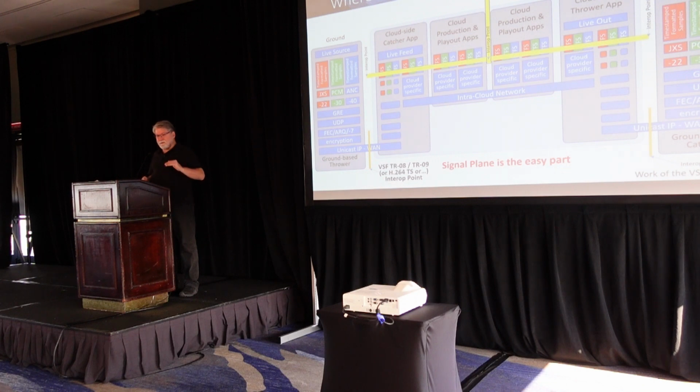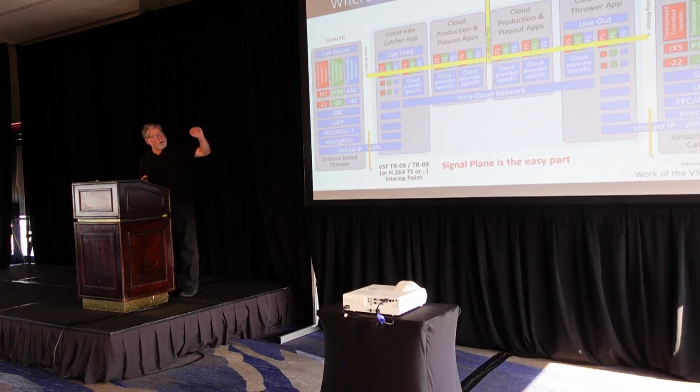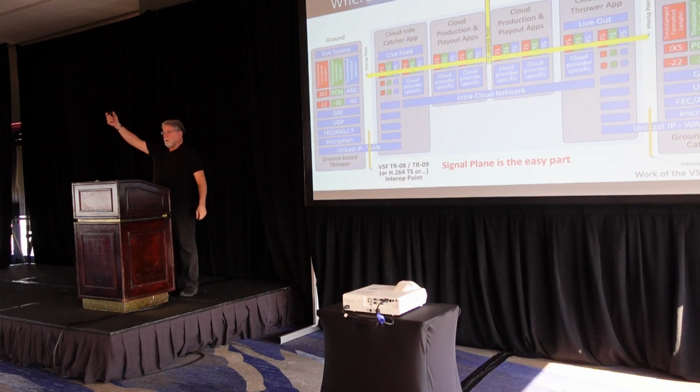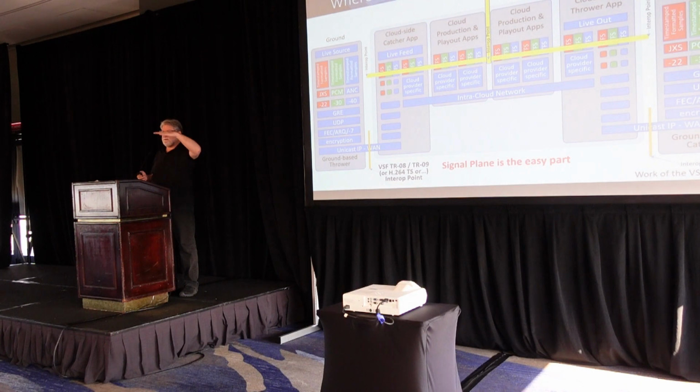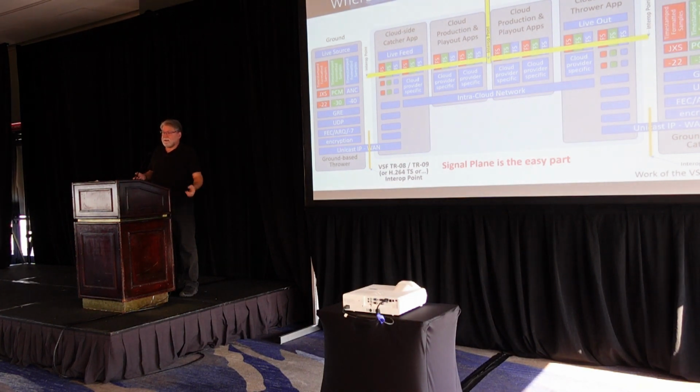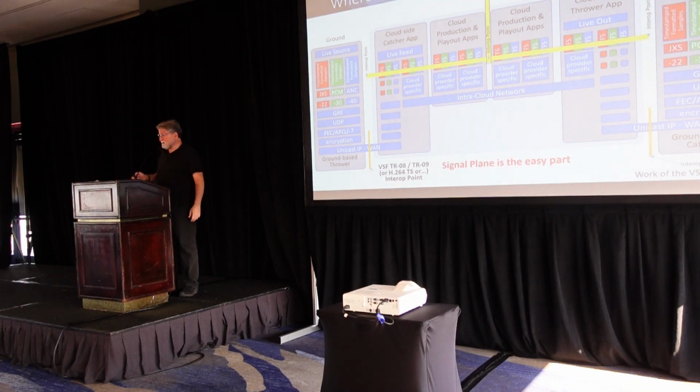So we established that what we really needed to do was work on an API, that big yellow line in the middle, that lets an application say, hey, I want to send this frame of video to somebody, drop it on the API, and know that it's going to get there without having to specify the specific implementation underneath that does it, because that could be different in different environments, likely will be.